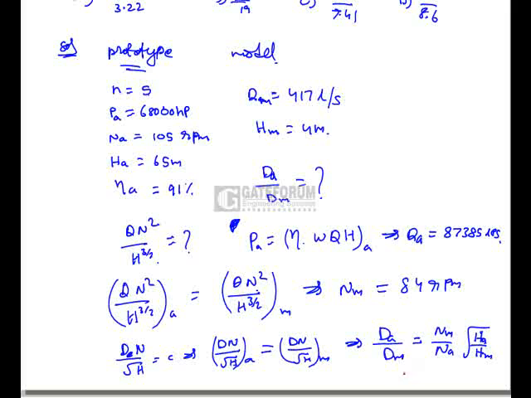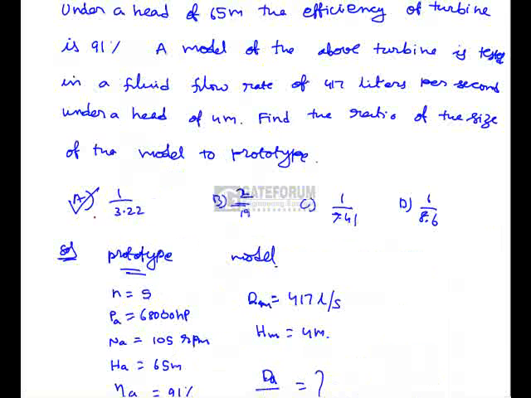So it gives a value of 3.22. So this is the ratio of dA by dm, but here we require the ratio of model to prototype, which gives a value of 1 by 3.22. So in the options, the right option is A. A is the right answer.